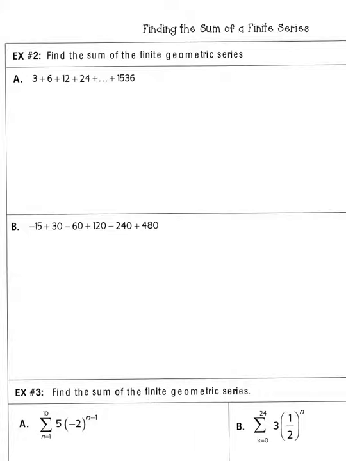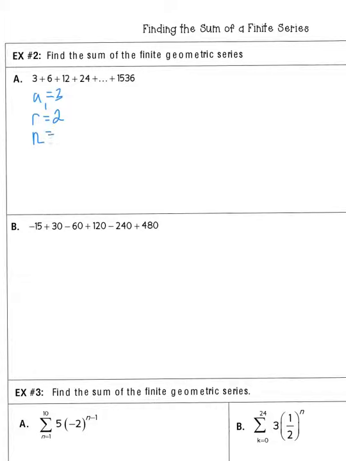The things that I do know are a sub 1 is 3, and as I go from 3 to 6 to 12 to 24, I know I'm multiplying by 2, so my r is 2. And then my n, I don't know. That we're going to have to find out.